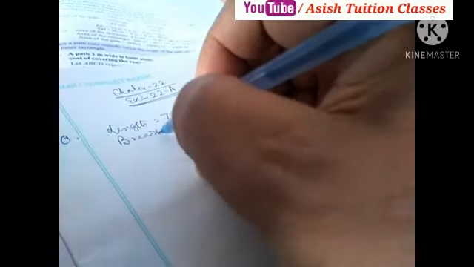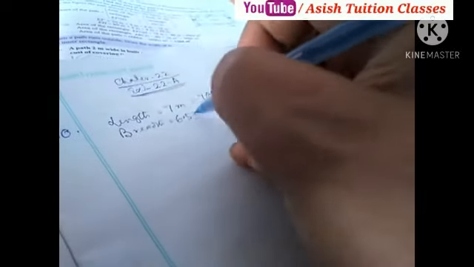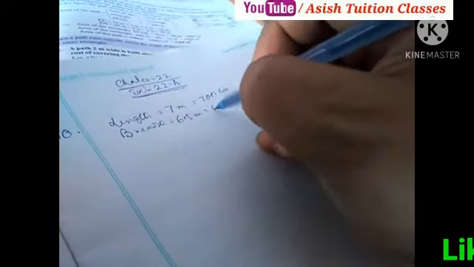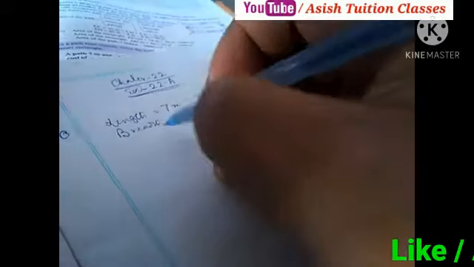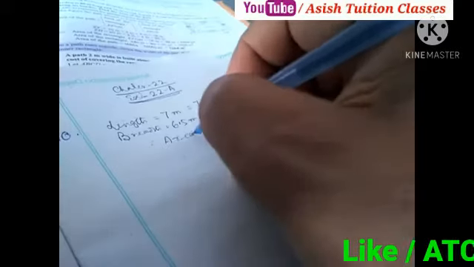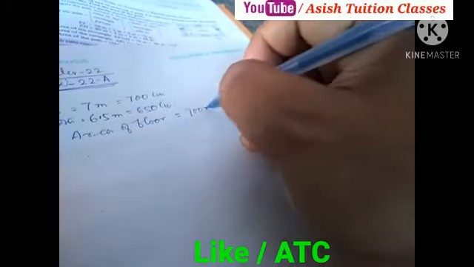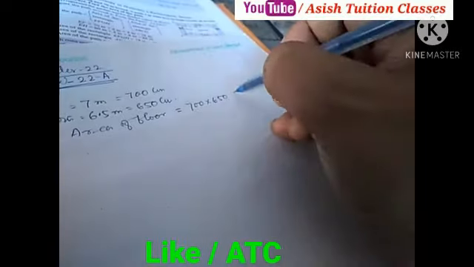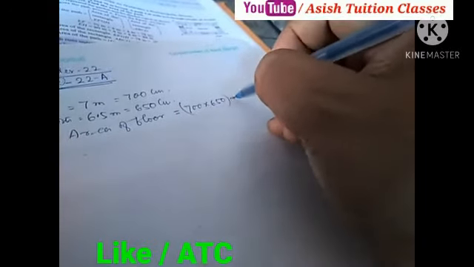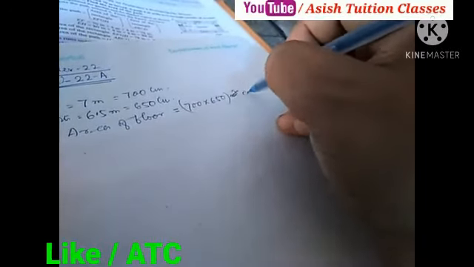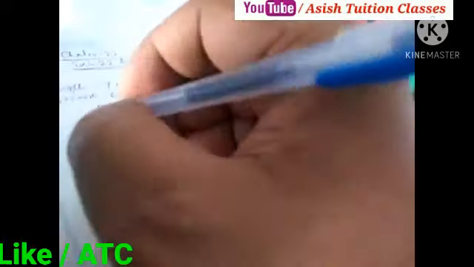Breadth is equal to 6.5 meter, which is 650 centimeter. Therefore, area of floor is equal to 700 into 650 centimeter square.